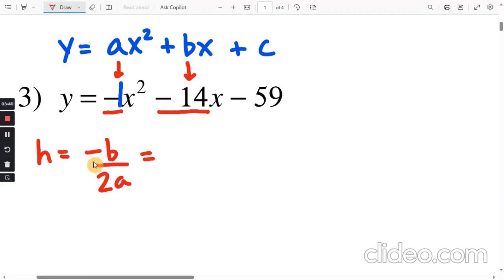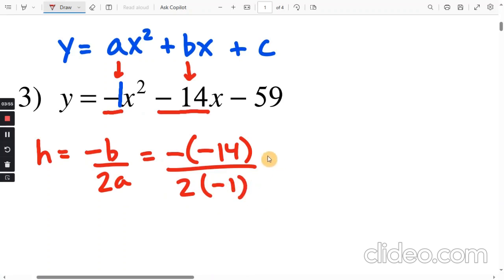So negative b, keep the negative sign, and b is going to be negative 14, divided by 2 times a, which is negative 1. Two negatives make it positive, and we basically have 14 divided by negative 2. So, of course, that's just negative 7.